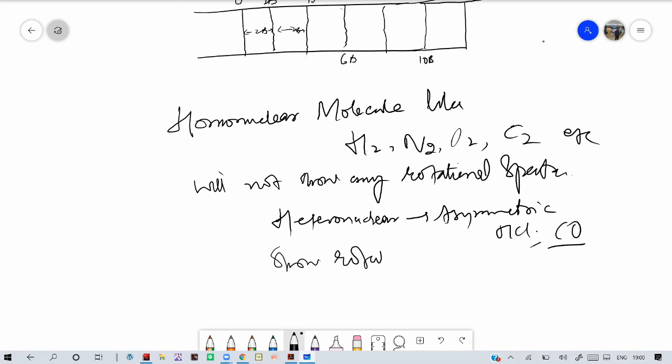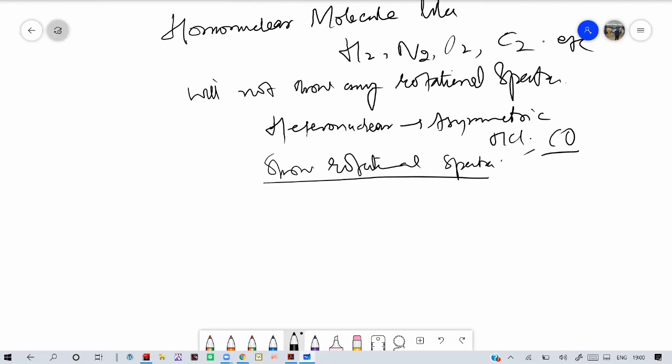The basic difference between these two is that whenever a molecule rotates, for example let's suppose it is carbon monoxide, C double bond O, this is carbon, this is oxygen, or HCl, the end over end rotations are about a bond axis, and the bond axis shows very little change. They do not show a major change.